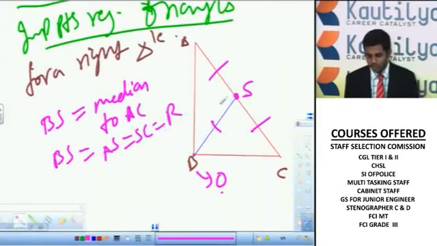But BS need not be perpendicular here, that should be kept in mind.